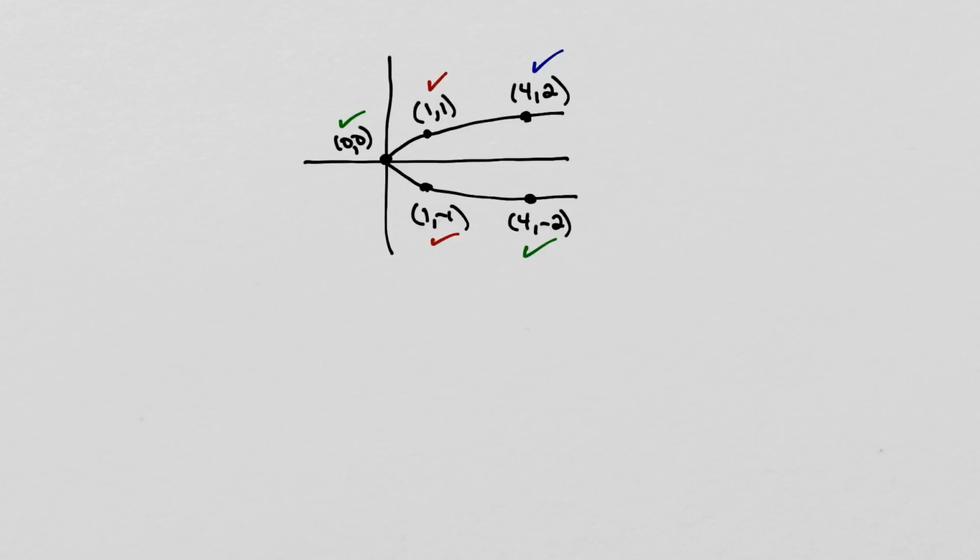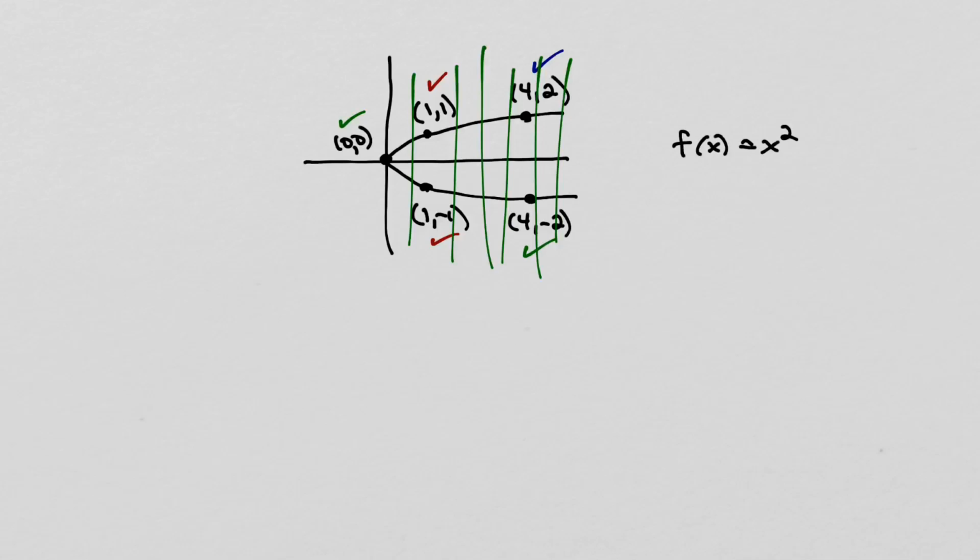Well, remember the idea of the vertical line test. If I just draw a vertical line somewhere on here, it's going to fail all over the place. So unfortunately, what that tells me is that for this function f of x equals x squared, when we switch our x's and y's, what we now have is actually not a function.